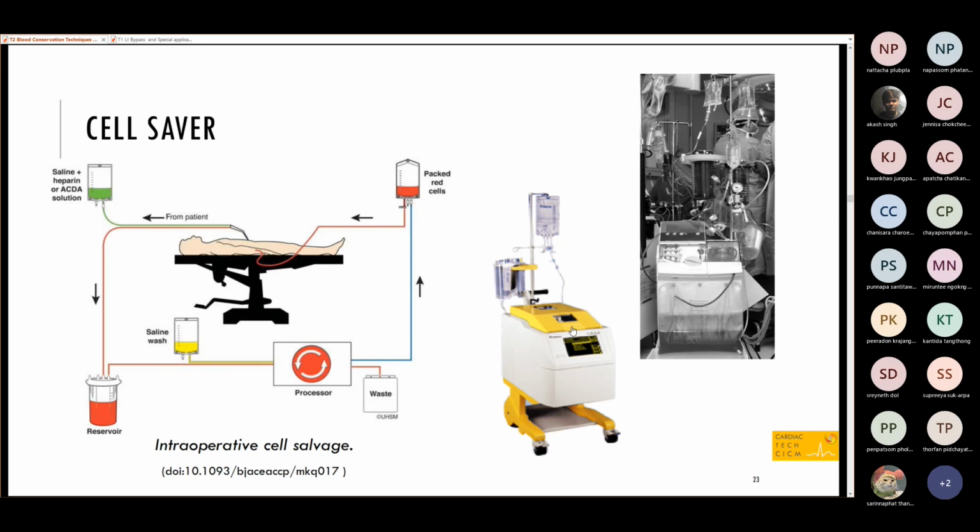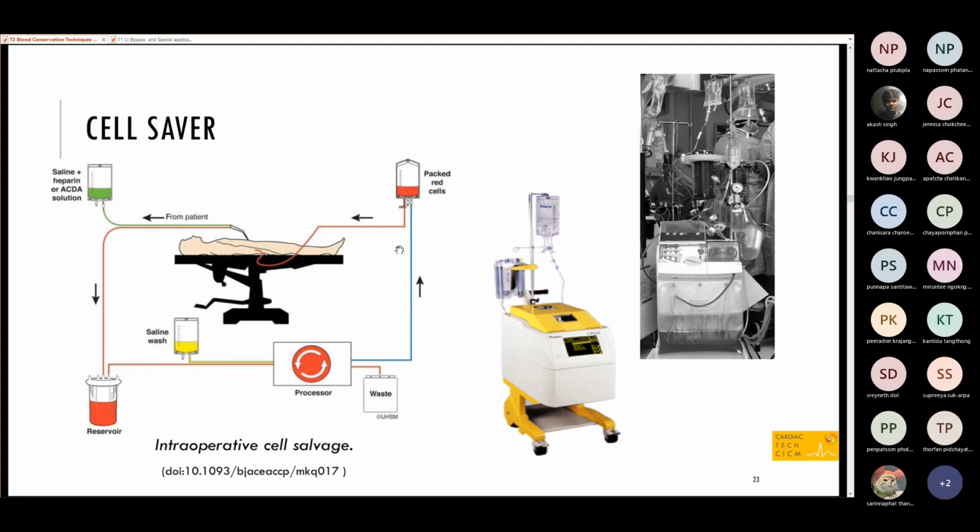This is one example of the cell saver machine. You see it is quite smaller than the heart-lung machine, right? There are some reservoirs and also the bag here.